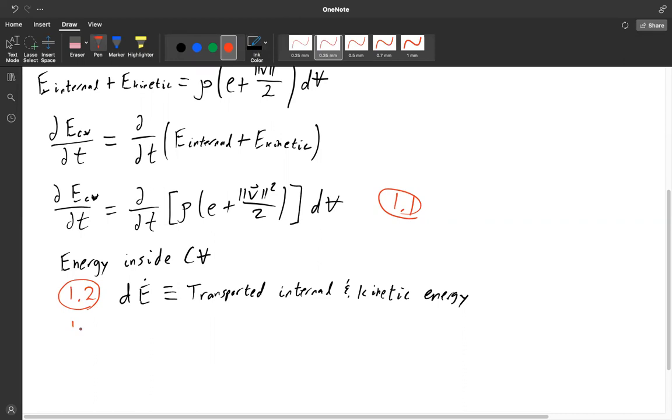Say that 1.3 is dQ dot, the heat transfer.